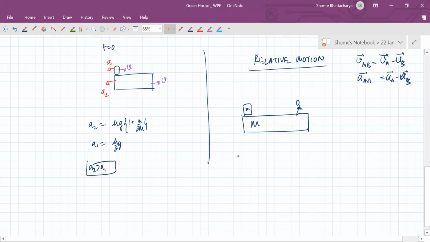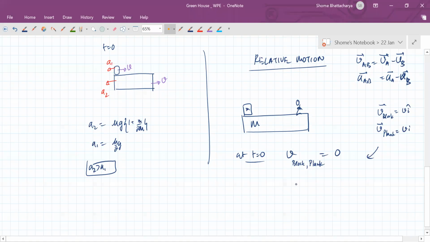At t equal to 0, the velocity of the block with respect to the plank will become how much? 0, because the velocity of the block is v i cap. Velocity of the plank is also v i cap. So relative velocity will be 0.